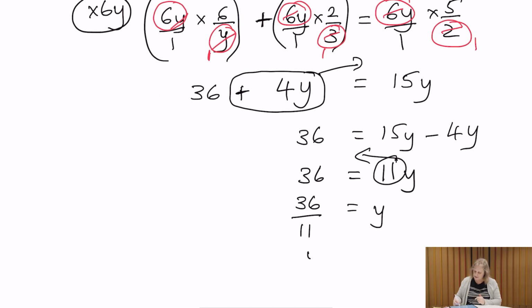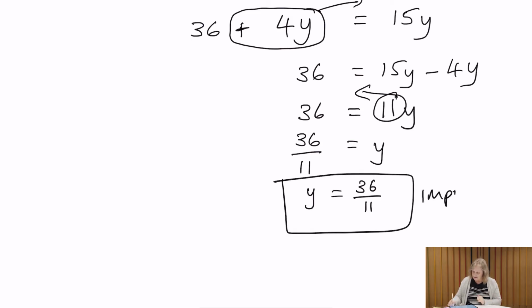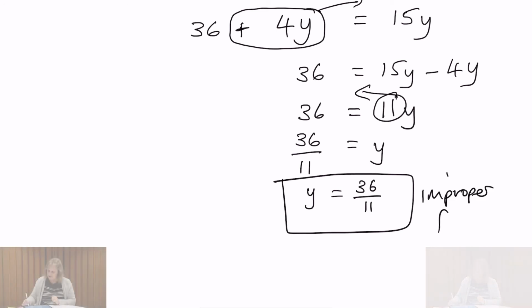We always want to reverse that around, because whatever we're trying to isolate or solve for, the value of y, we want on the left-hand side, and then on the right-hand side, the numerical value. Now, this is an improper fraction. Just a reminder that an improper fraction means the numerator, the top number, is bigger than the denominator, the bottom number.